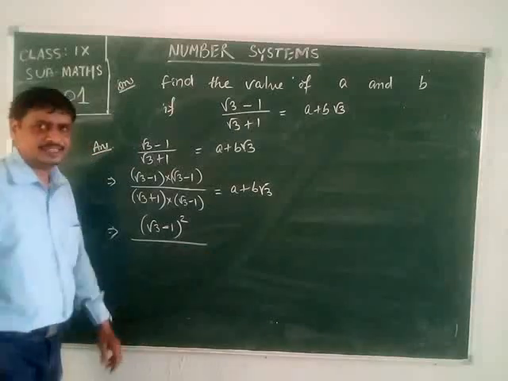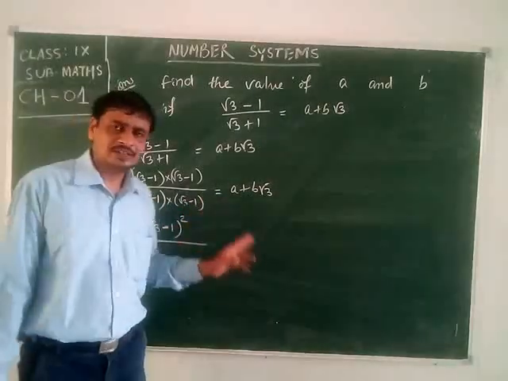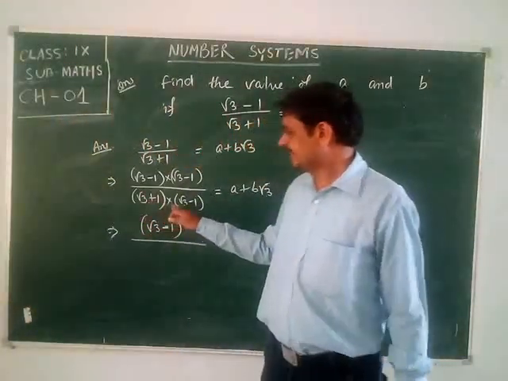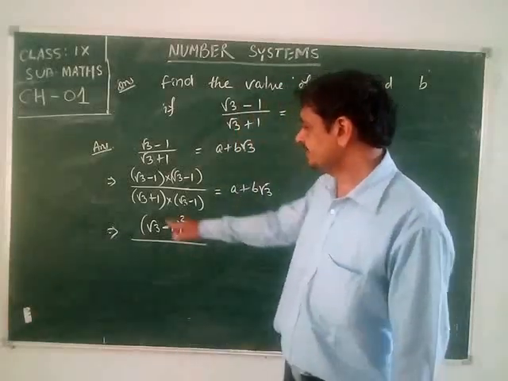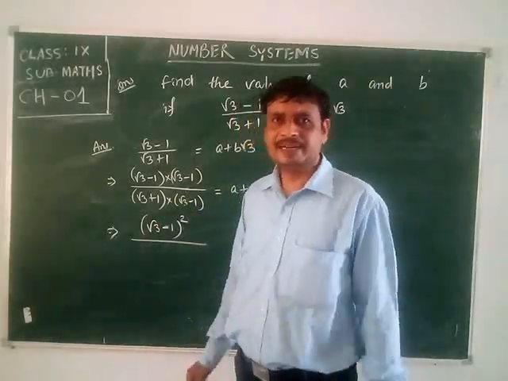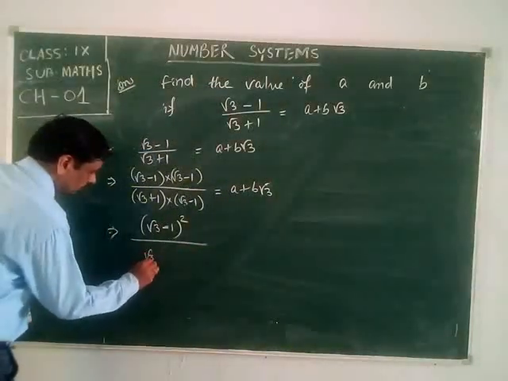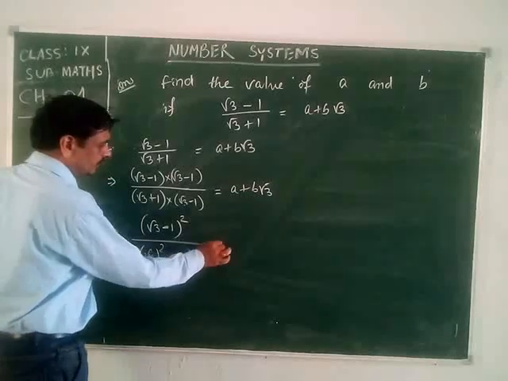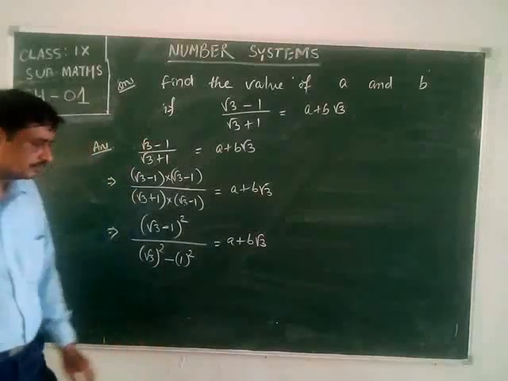And in the denominator, root 3 plus 1 and root 3 minus 1 is in the form A plus B into A minus B. According to the identity, it can be written as A square minus B square. That is root 3 square minus 1 square, which is equal to A plus B root 3.